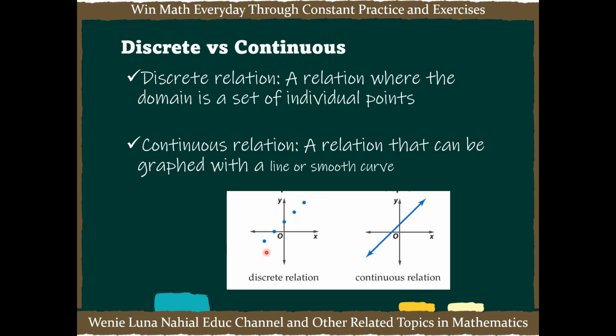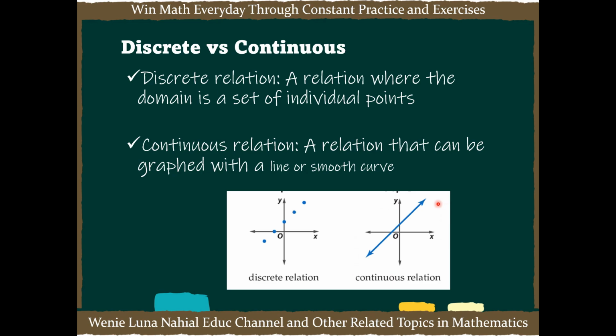The set of points does not form a line, or shall we say the points are not connected to each other. That makes it discrete.